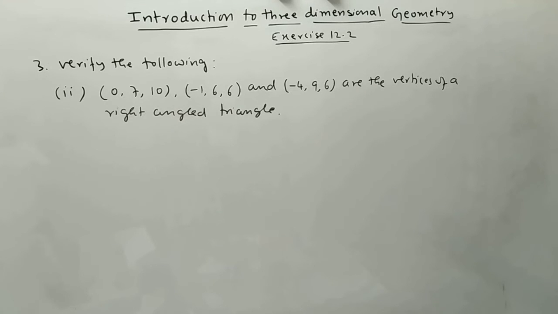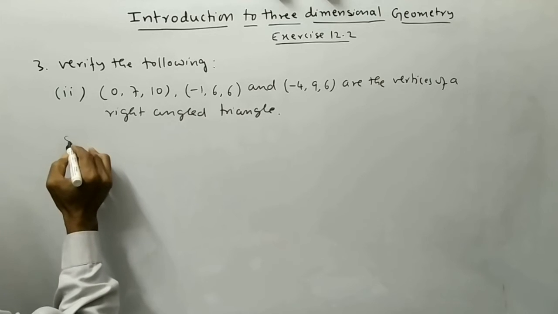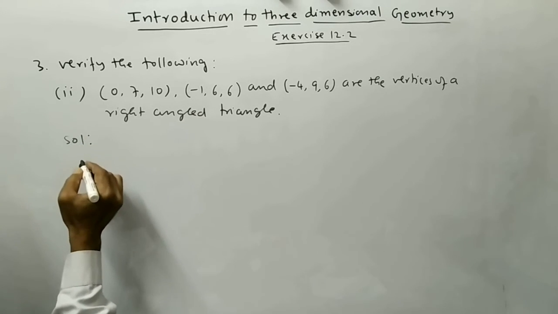Second one. Points with coordinates 0, 7, 10, -1, 6, 6 and -4, 9, 6 are the vertices of a right angle triangle. Solution.